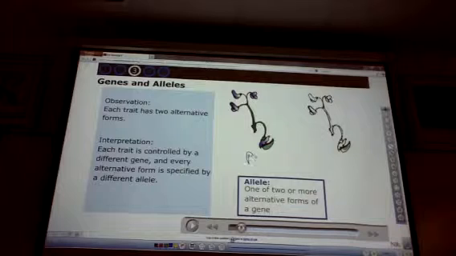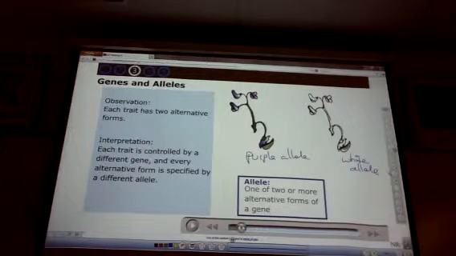There's the purple allele, and what's the other allele? The white allele. In other words, the allele that causes white. Is there a red allele in pea plants? Is there a yellow allele for flower-colored pea plants? No. There's only 2 alleles. Most of your traits follow the same principle. 2 alleles.